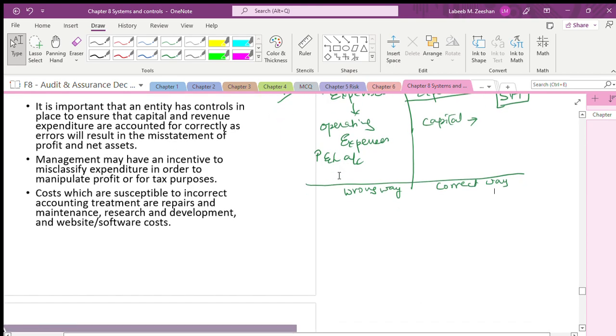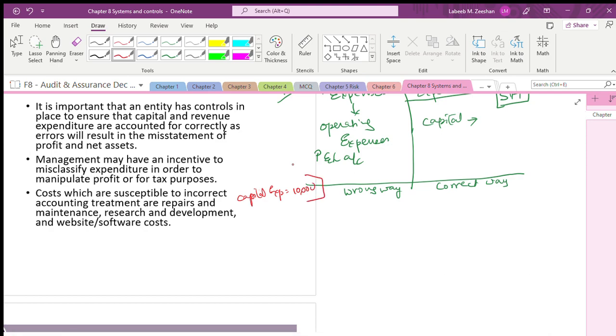Next, assume you have a capital expenditure of 10,000 riyals.